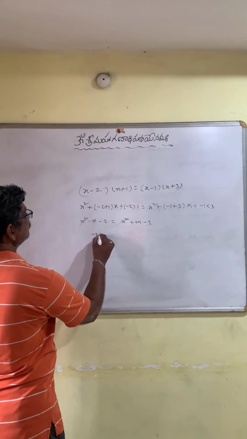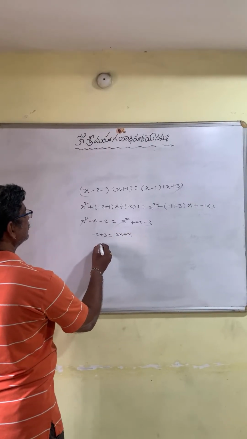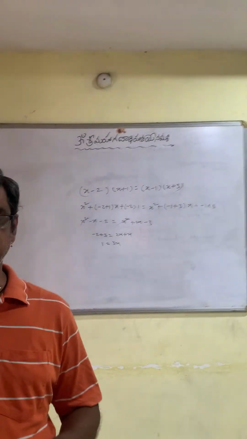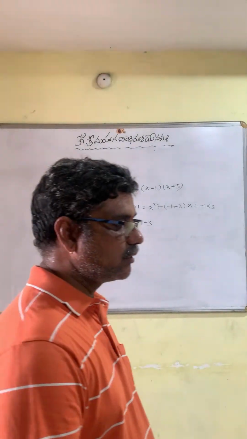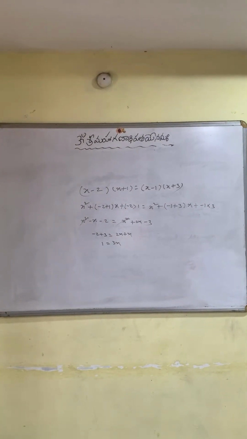So minus 2 plus 3 is equal to 2x plus x. 1 is equal to 3x. It is not a quadratic equation. Okay?